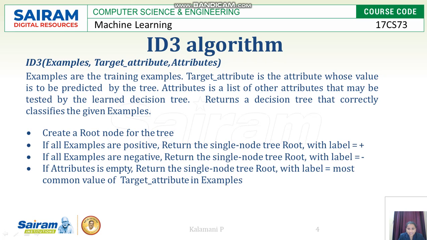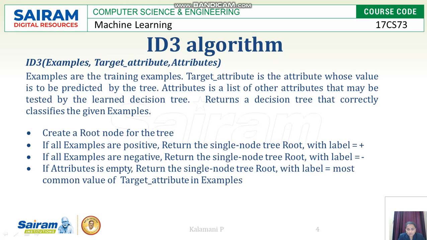That will be predicted: either the person can enjoy the sport or not. That is the predicted variable. And attributes is a list of other attributes that may be used to predict the target attribute. It returns a decision tree that correctly classifies the given examples.